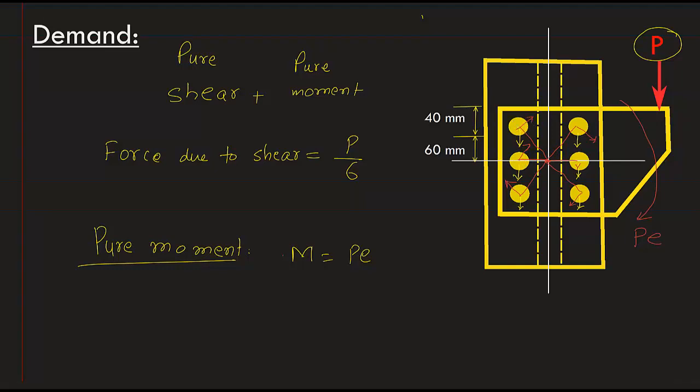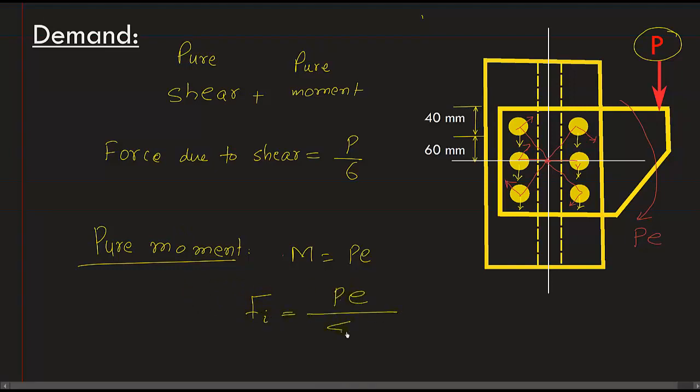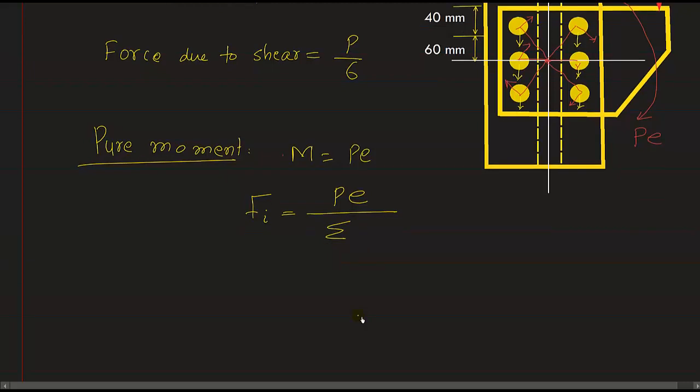And the magnitude of the force we have derived in the previous class. So direction we just showed, and the magnitude in any ith bolt can be given by this formula. So Fi is equal to P times E divided by summation of di squared, times di.